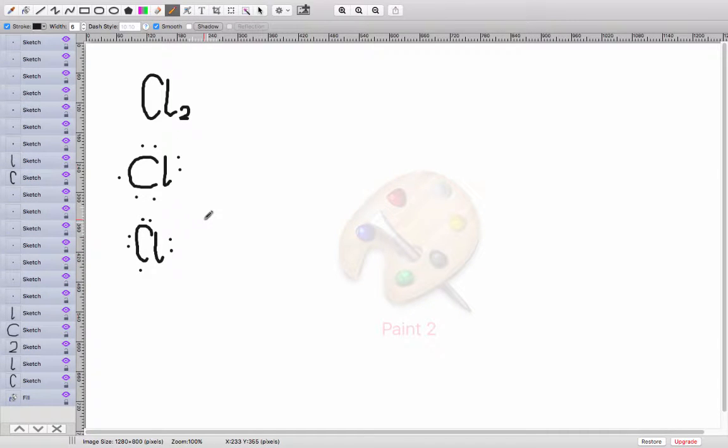Okay, so there are 2 chlorine atoms. You can see that in the chlorine molecule, they're both missing 1 electron. So if they make a single covalent bond, they will both have their filled outer shell. So the resulting Lewis structure will look like this.